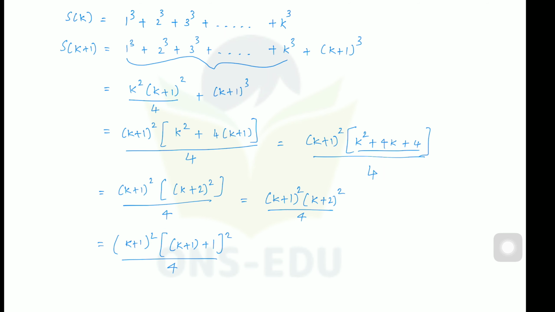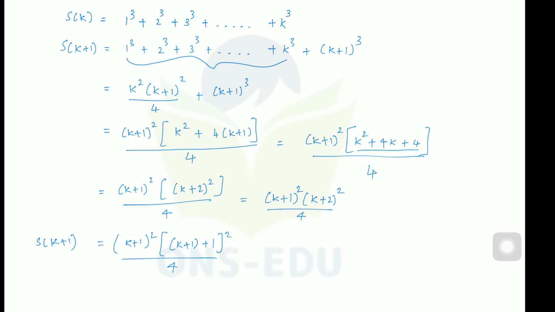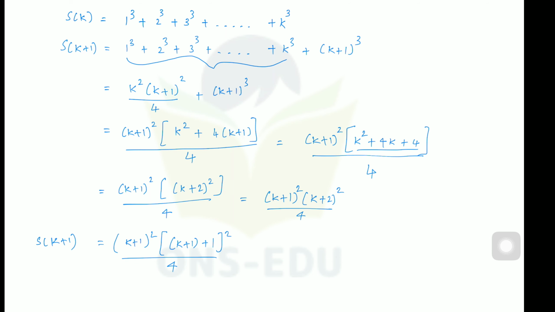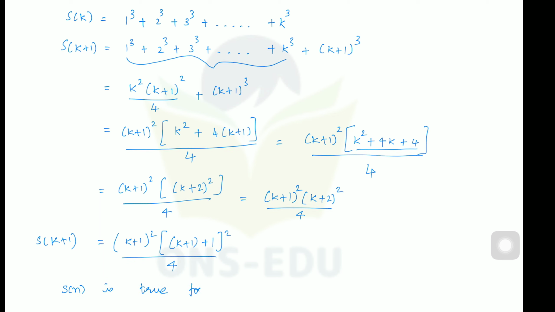So now we got the same formula, right? For S of k plus 1, when we tried to add the cubes of the first k plus 1 natural numbers, we arrived at this formula, which means S of n is true for n equal to k plus 1.